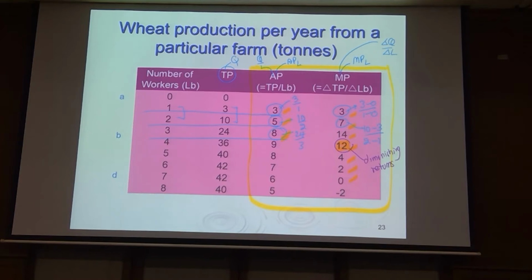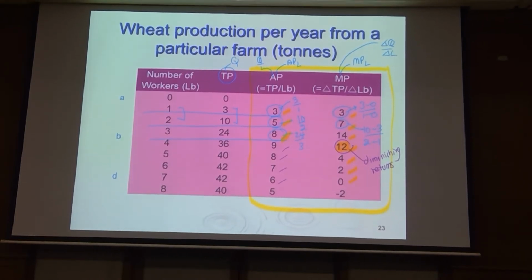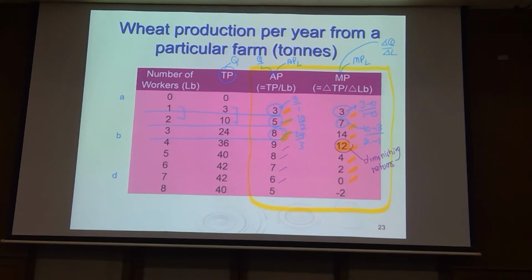The labor starts to be less productive, right? You get less and less additional output, so output per worker is going to go down as well when labor is less productive. Okay, so that is the relationship between them. When labor is less productive, of course, it translates to lower output per worker. Okay, that is the relationship between these two measurements of the productivity of the variable factor of production.